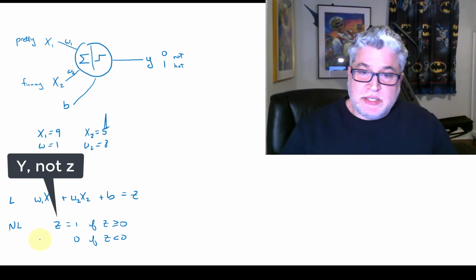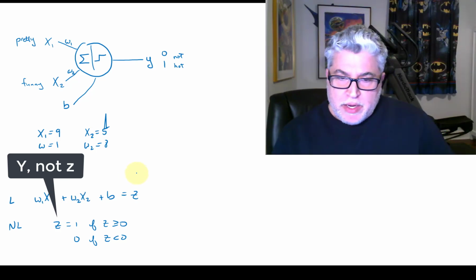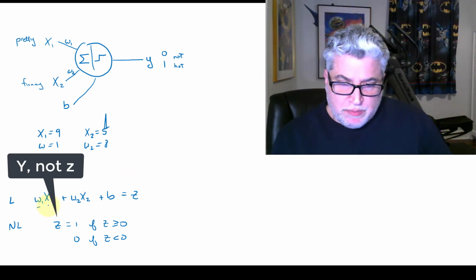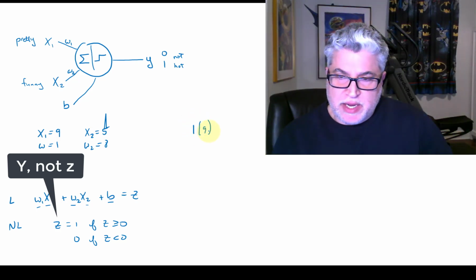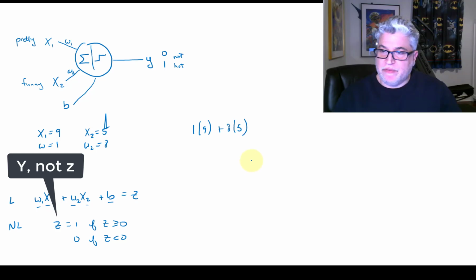Okay, so let's apply these numbers. Just fill in the values right here. We have a weight of 1 times an x of 9, a weight of 8 applied to 5 for funny, minus 10 is equal to some z. And let's calculate that real quick. That's 9 plus 40 minus 10.